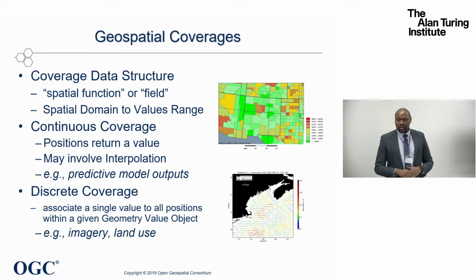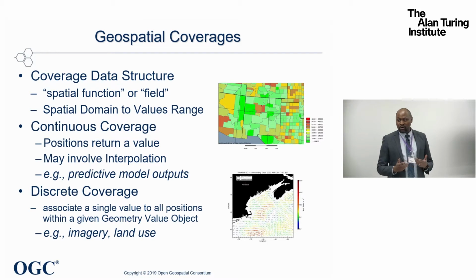I mentioned earlier on that some of the encodings that we work with relate to coverages. So the coverage data structure provides a way of encoding information about continuously varying phenomena, or phenomena that vary over space.